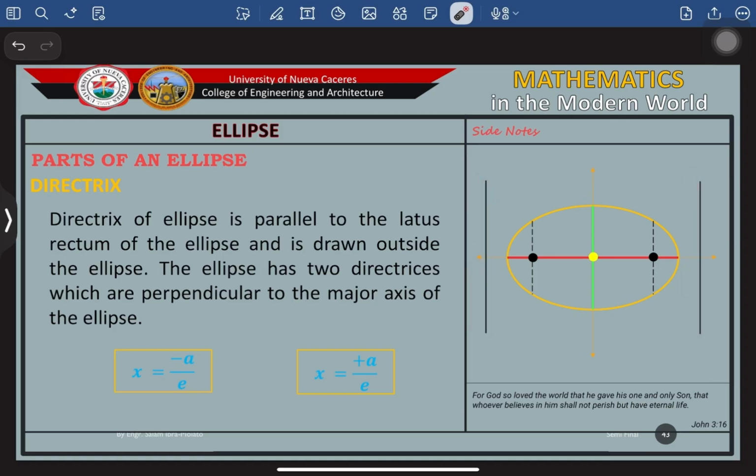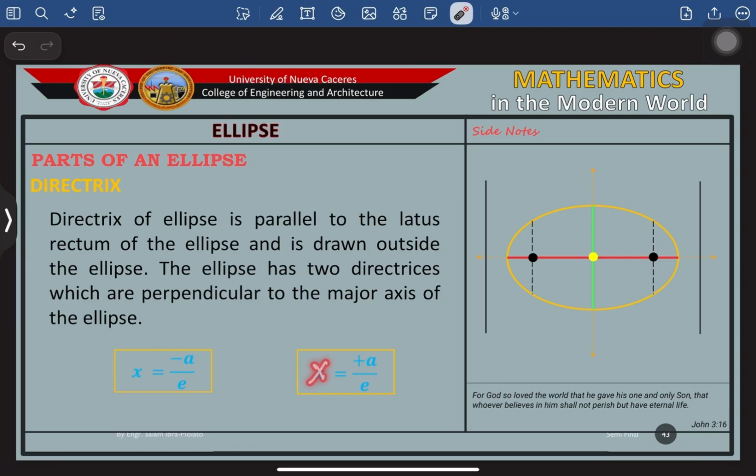So for this specific example, the major axis is parallel to the x-axis. That's why the formula to get the equation for the directrix is given by x is equal to negative a over e for this one, since it is on the negative side of the x-axis.